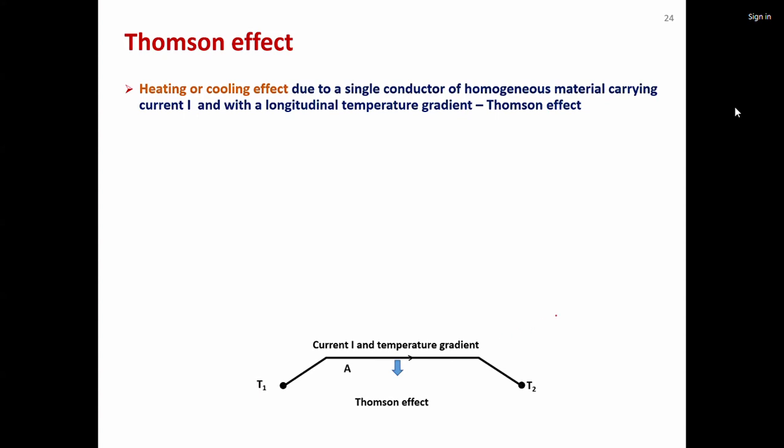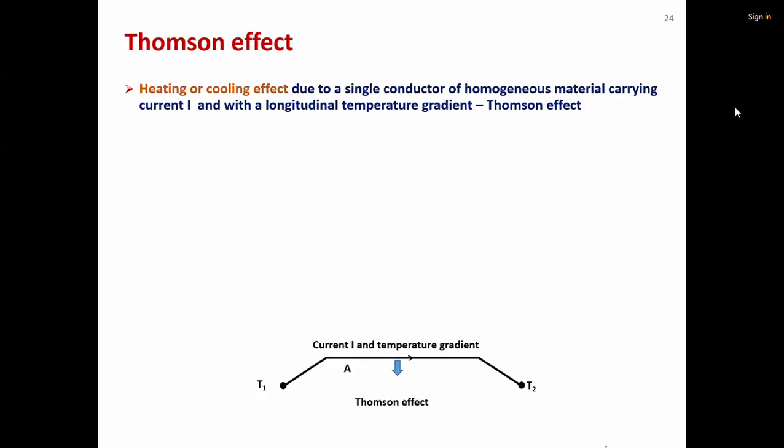If you have a current flowing through a thermoelectric material where the ends are at different temperatures, T1 and T2, that means there is a longitudinal temperature gradient from point 1 to point 2. Heat will either come into the wire from the ambient or go out from the wire to the ambient. This heating or cooling effect is known as the Thomson effect.